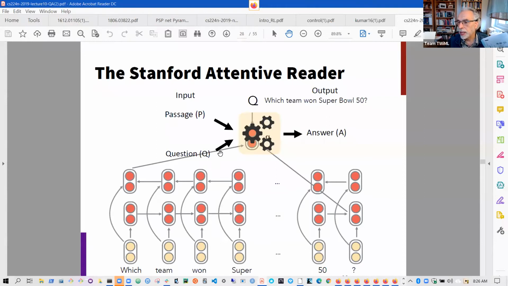The final hidden state output is a vector that represents the question. And you do the same thing with the passage, and then by comparing those two vectors, you then select the part of the passage that has the answer. And they do it by some attention mechanism.